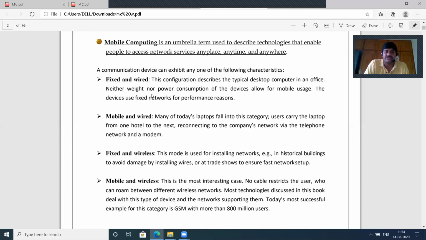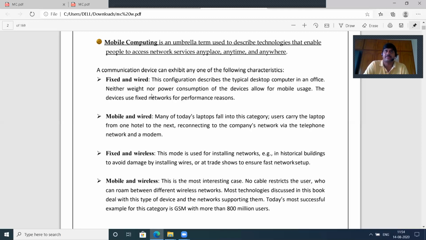The second characteristic is mobile and wired. The best example for this mobile and wired characteristic is the laptop computer. Laptop computer comes under this category. The users can carry laptops from one place to another, then reconnect to the company's network via some telephone network or some modem. Let's take an example.